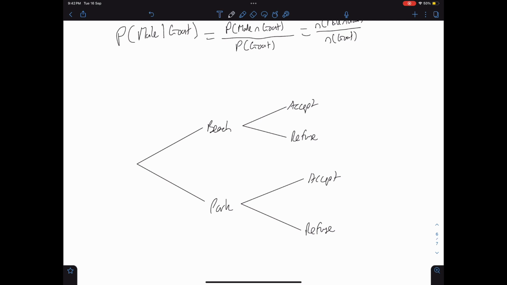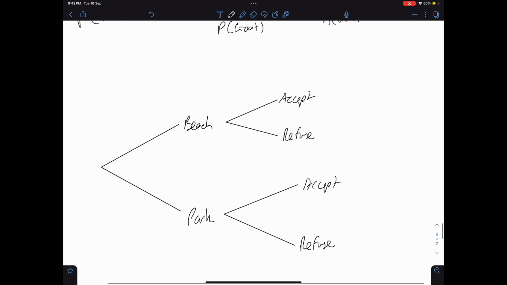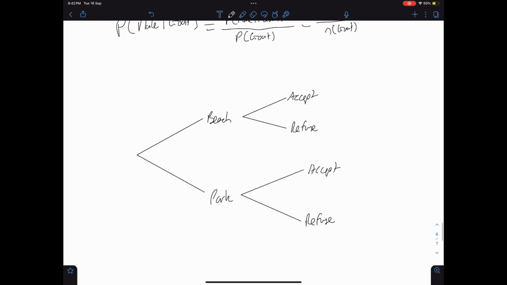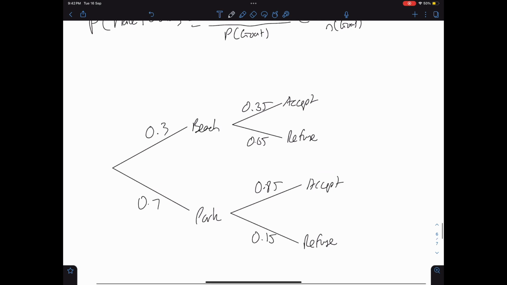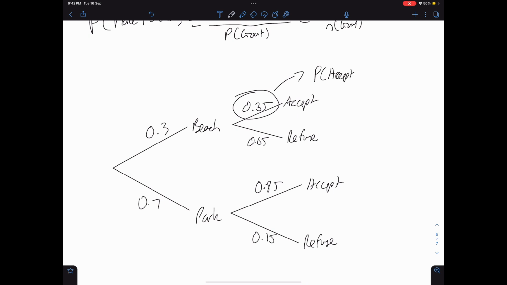And then if you were to write in some probabilities here, say this is 0.65, 0.35, 0.85, 0.15, 0.3, 0.7. This here already is a conditional probability. This is already P of accept, given beach, because the way a tree diagram works is we follow along.